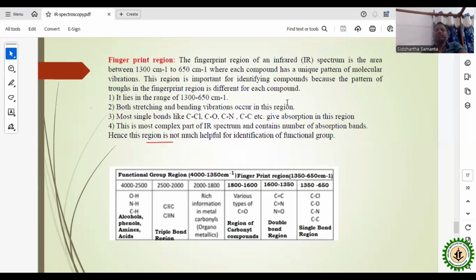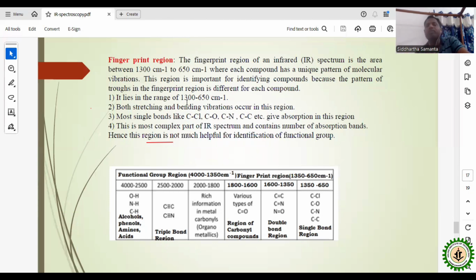Now, what is the fingerprint region? The fingerprint region is the region where the bending modes are present. That region is basically 650 centimeter inverse to 1300 centimeter inverse. Why is this region the fingerprint region? Basically, we understand what type of compound is present.